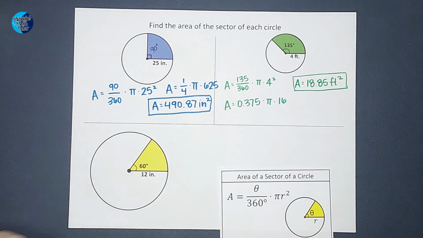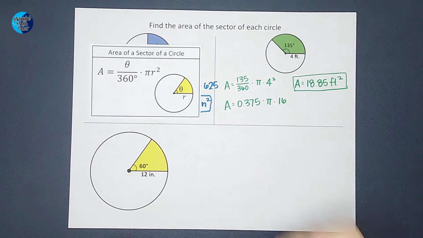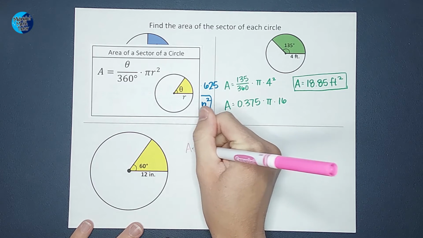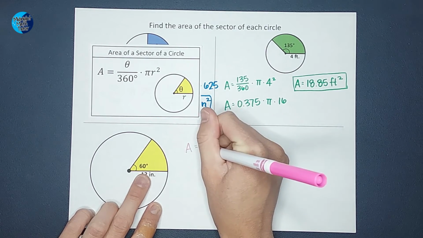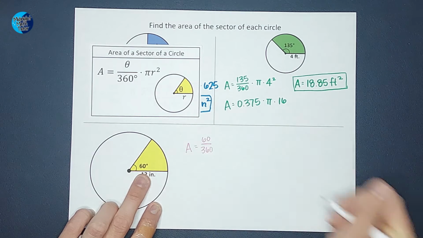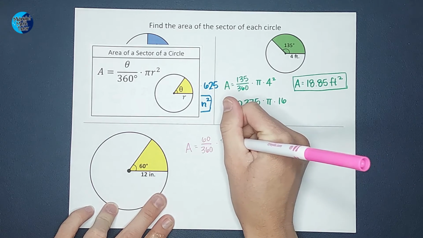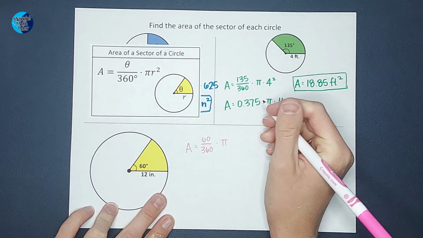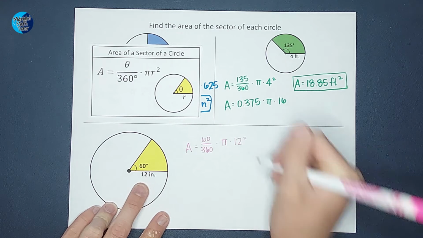All right, we are already to our last one. This one is 60 degrees. So the area of this sector of the circle is 60 degrees over 360 degrees, right? That represents that section I'm looking for, times pi r squared, which in this case is 12 squared.